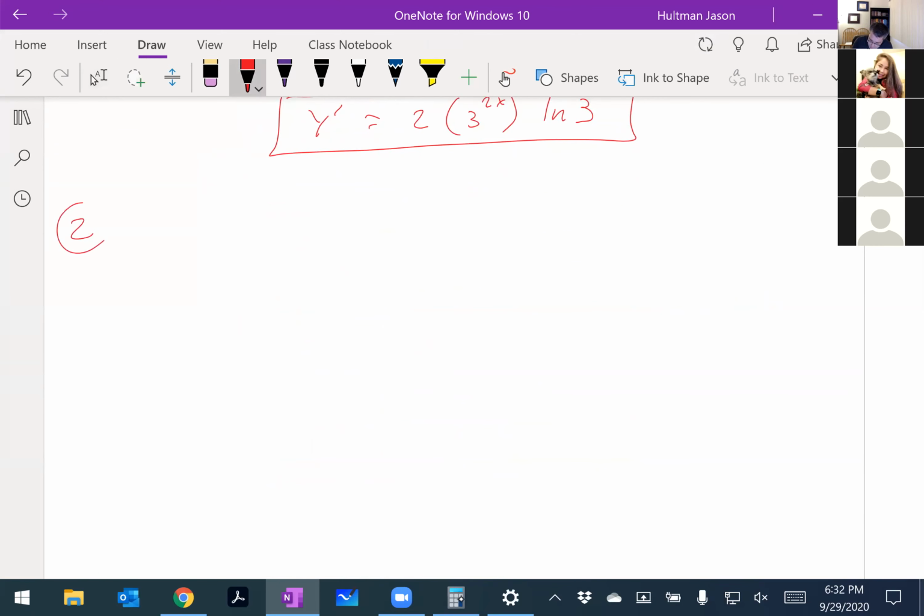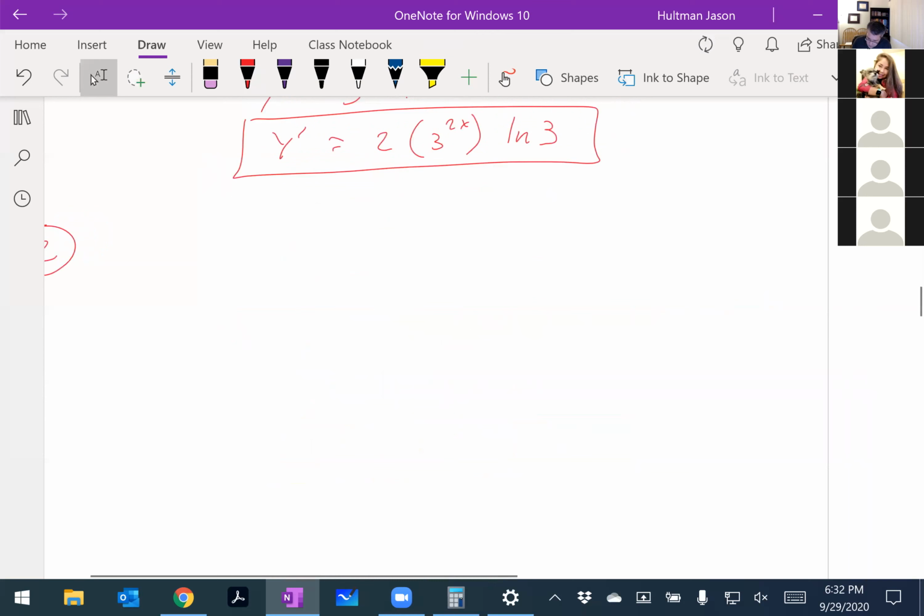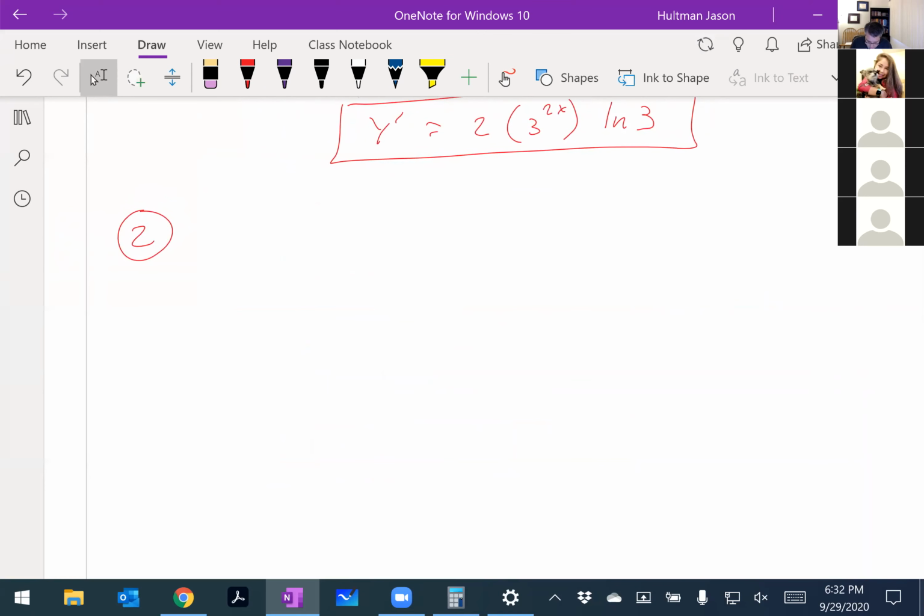Okay, number 2. How do we take the derivative of a log that is not base e? So we'll say log base 2 of x. How do we find the derivative of this? Well, I'm not going to go through how to do the logs.